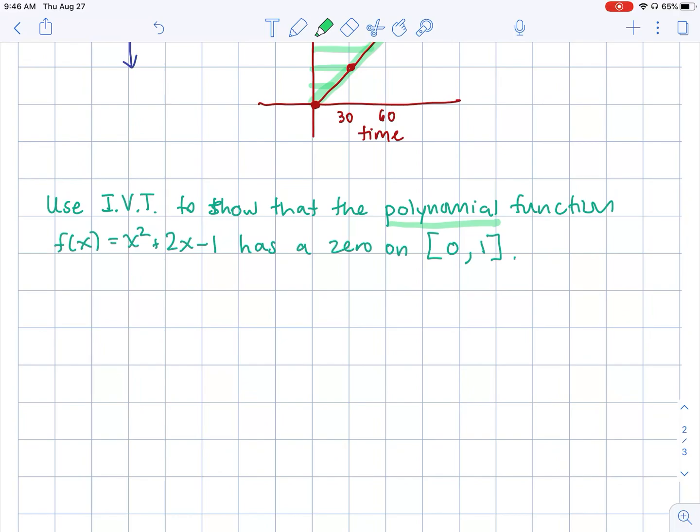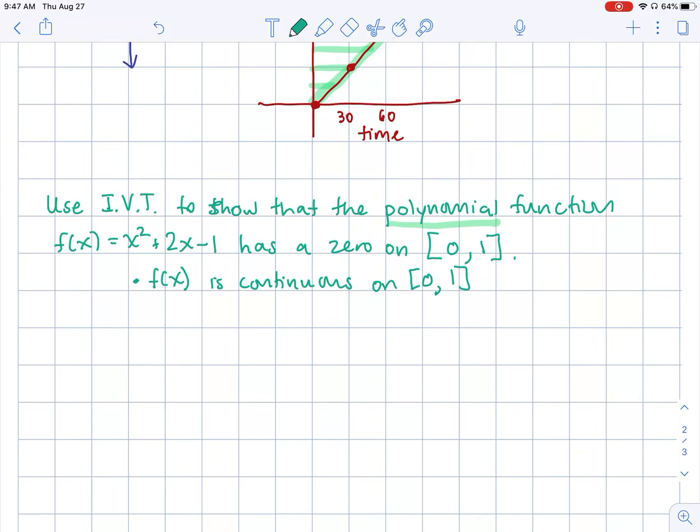So then we say we know that f of x is continuous, and therefore you can make a conclusion using IVT that it's continuous between 0 and 1. And now we want to find, well, what is our minimum y value and our maximum y value, and does the y value achieve a 0 between f of 0 and f of 1?